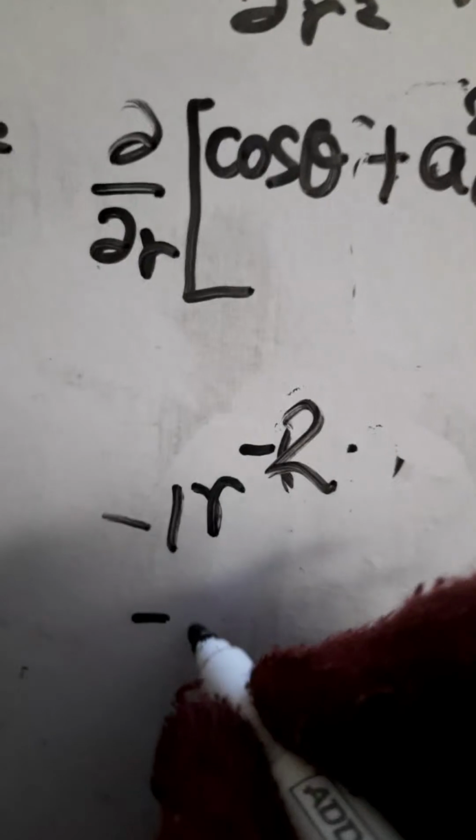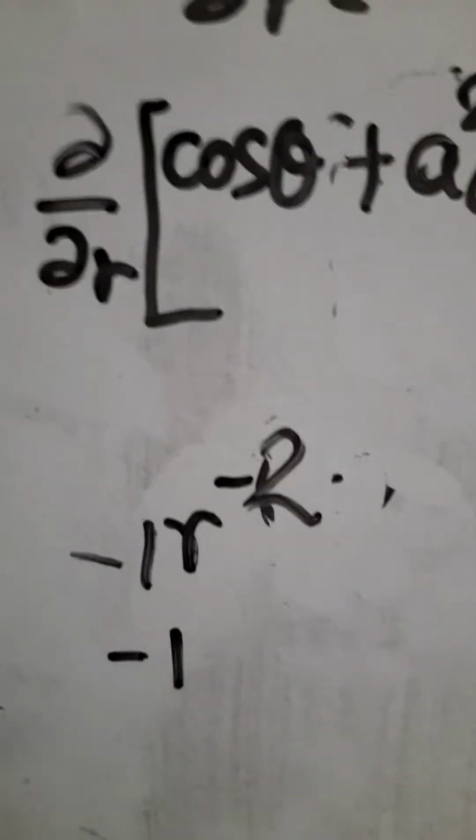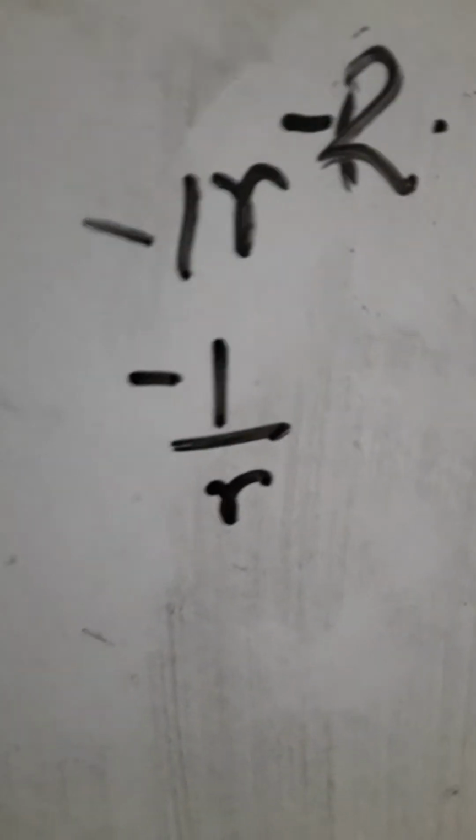So this would be minus 1 plus 1 is 2, so this would be r raised to minus 2. Now what this means is, r raised to minus 2 means 1 by r square. R raised to minus something is dividing by r, because r raised to something means multiplying it with itself that number of times.